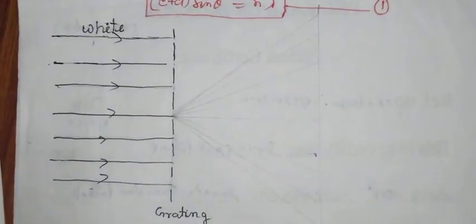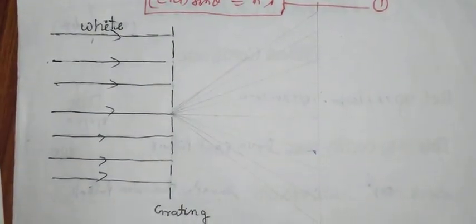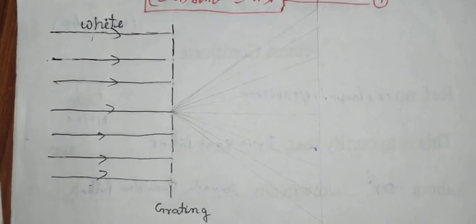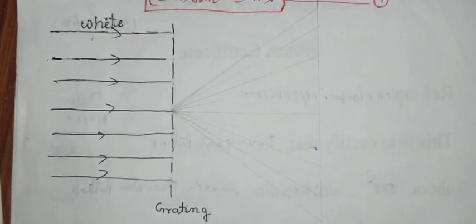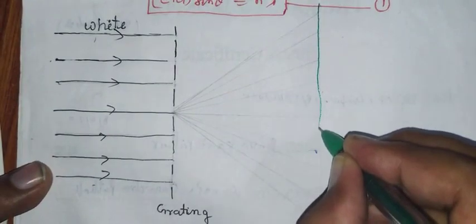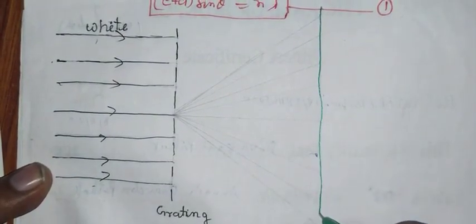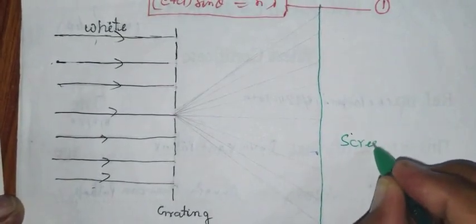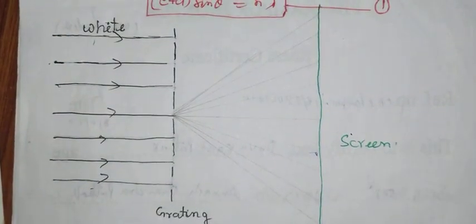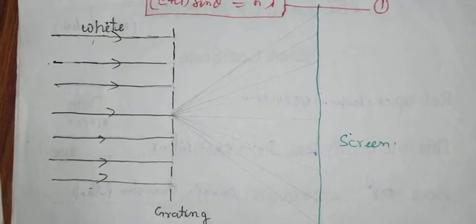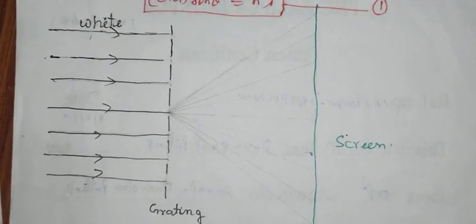This white ray of light is allowed to fall on the grating, and after this a diffraction pattern is obtained here on the screen. This is the screen where we will see the spectrum pattern.